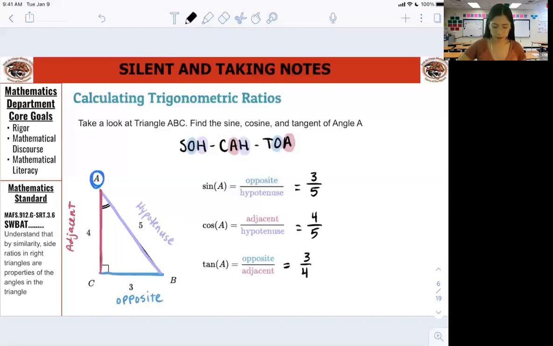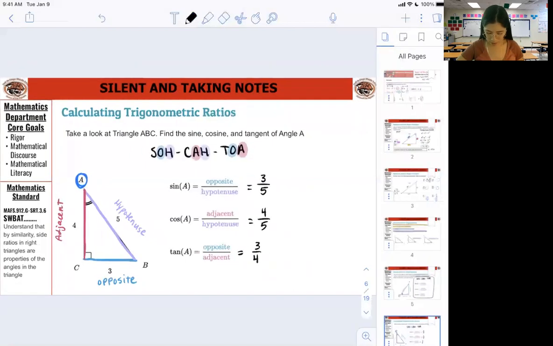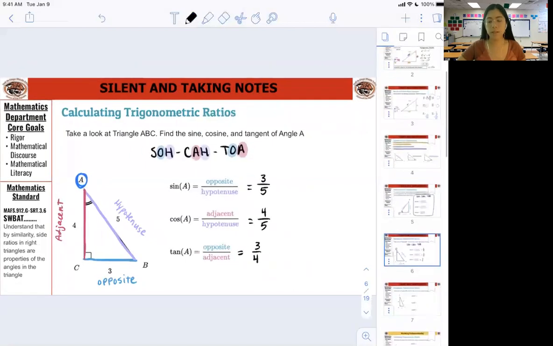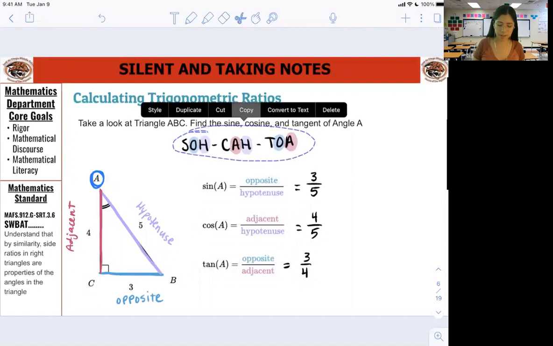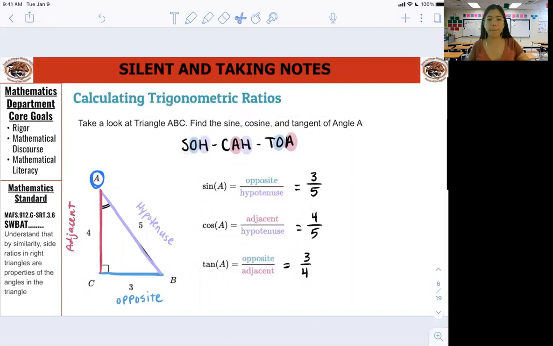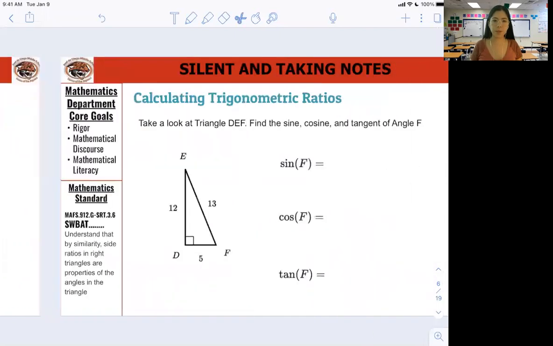Any questions so far on sine and cosine and tangent? We'll do another example. Does anyone still need a moment to copy down? Okay, so next one.